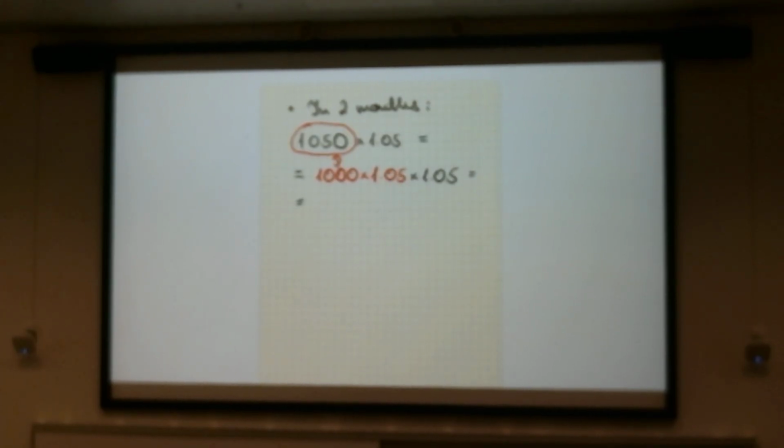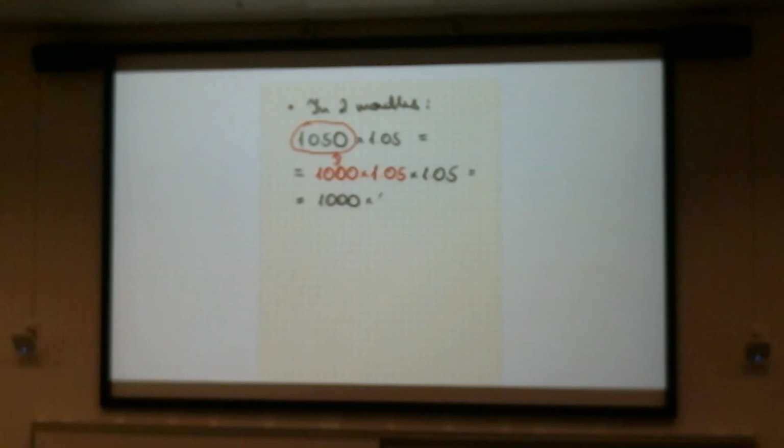So in a more handy notation, I can just write it as 1,000 times 1.05 squared. Yeah? So I can write it by using powers. So this is after 2 months.